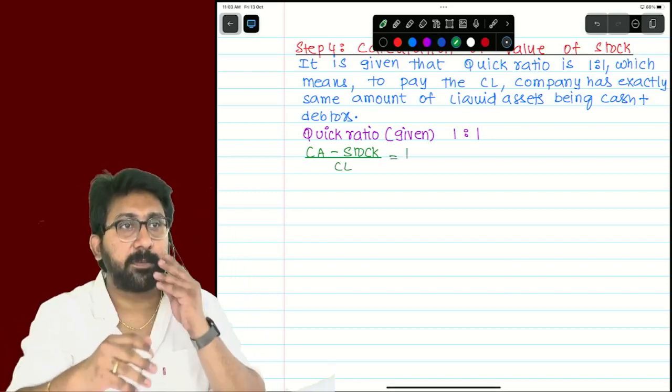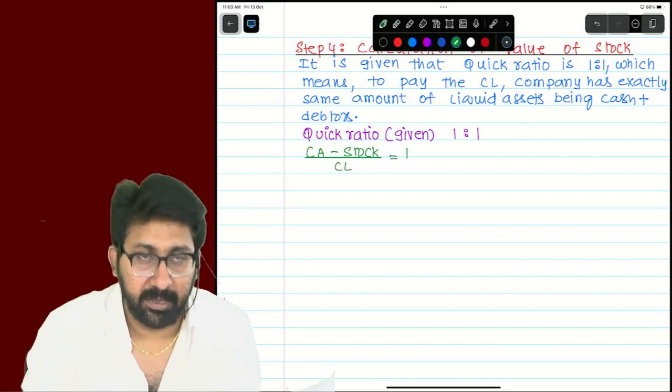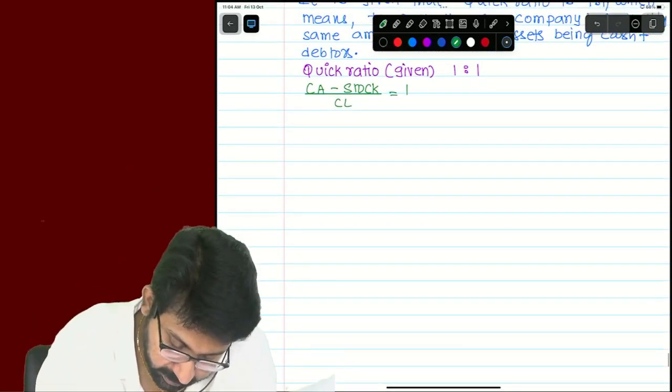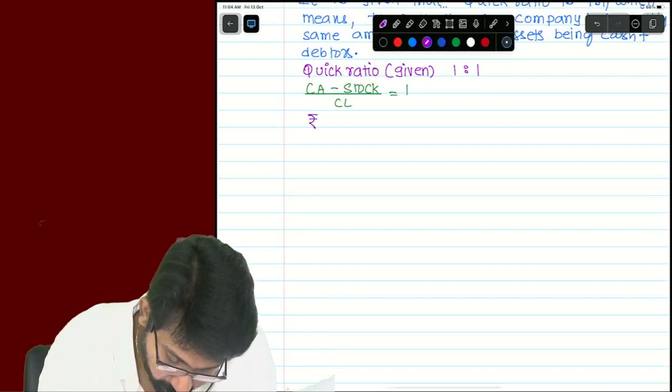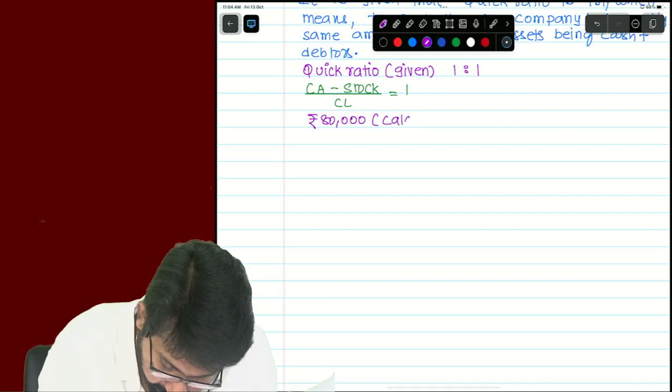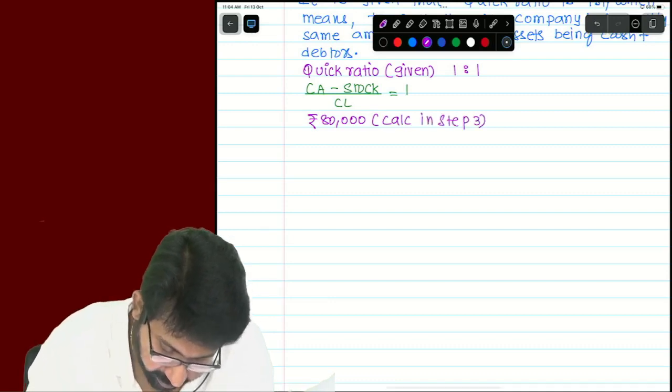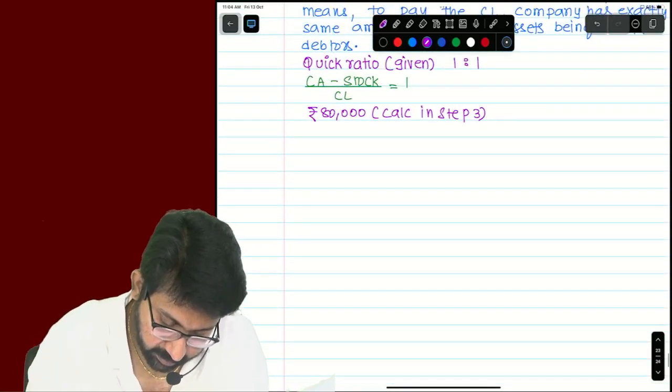Prepaid expenses not given in the question, don't write unnecessarily. Next, what is the current assets? Rupees 80,000. Below write down calculated in step 3 if I am not wrong. Yes.